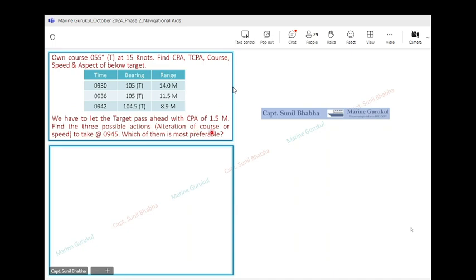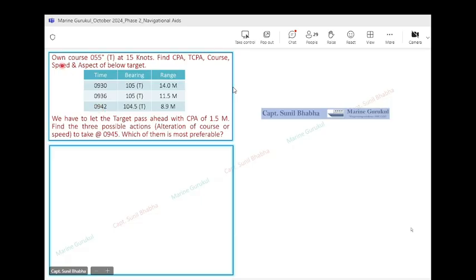These could be alteration of courses or speed to take at 0945. Which of them is most preferable? Now we need to maintain a CPA of 1.5 miles with this target. Important thing to note is that the action is taken at 0945. That is 3 minutes after the last observation.